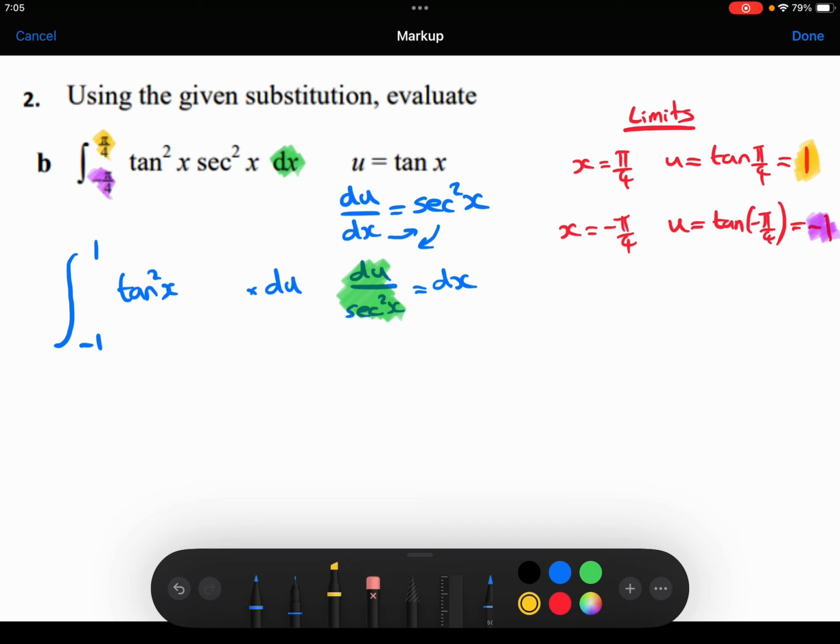The only part I need to worry about is, well, what is tan squared in the u world? Well, I know that that's going to be equal to u squared. So after all that, we've just got the integral of u squared, which is 1/3 u cubed.